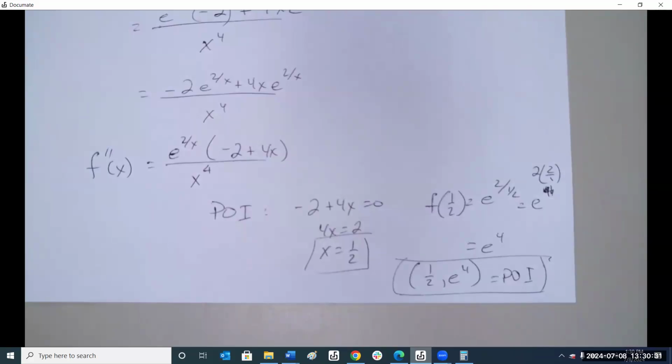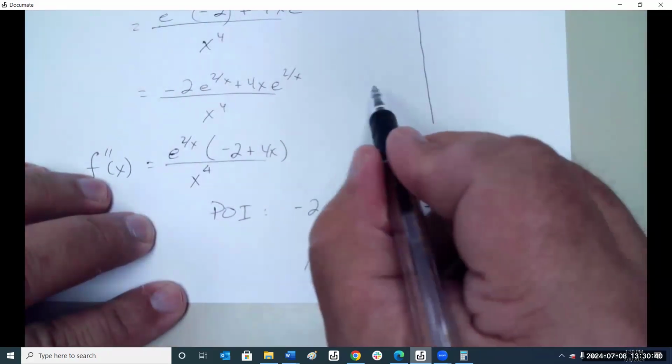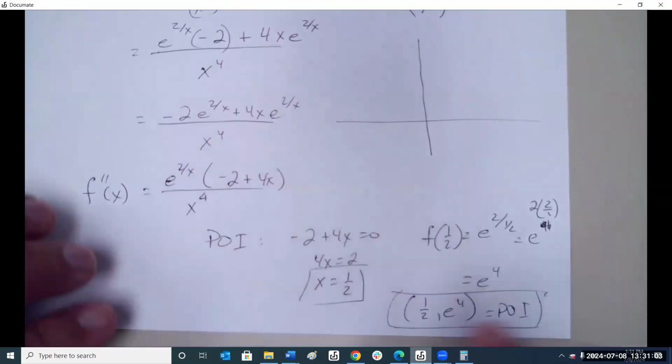Now I got to put all this stuff together. We know we have no vertices. So what does the graph look like? We have e to the 2 over x.